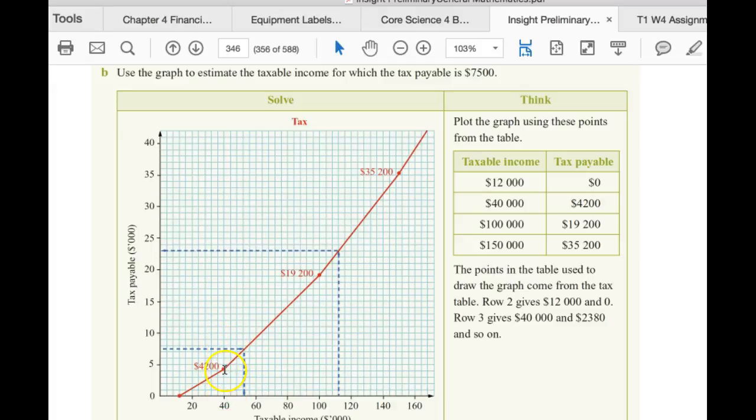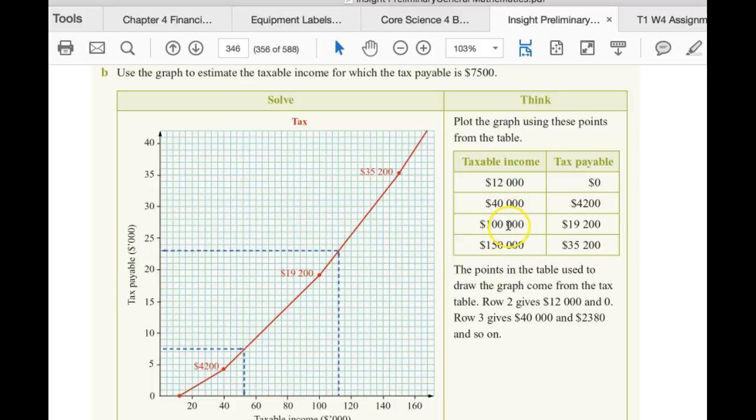To find out where this dot is, we need to go to $42,000 on the y-axis, go up to 42,000, so 1, 2, 3, 4, just a little bit above that blue line, come across, and where it cuts that $40,000 line, we put the dot. And then you will draw the line when you've got all your dots. So remember, when you're doing it, you won't have these dots yet.